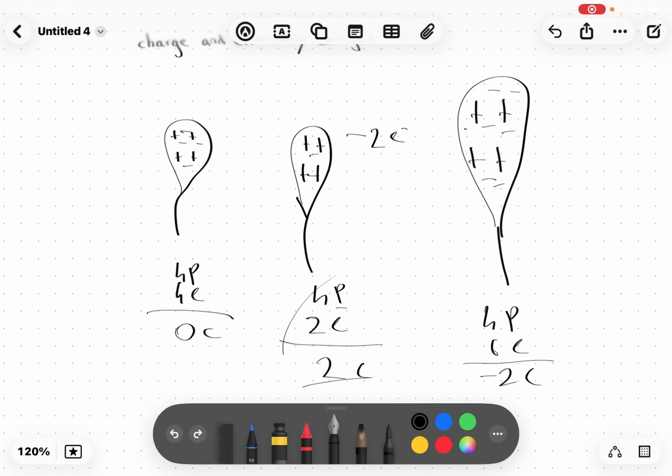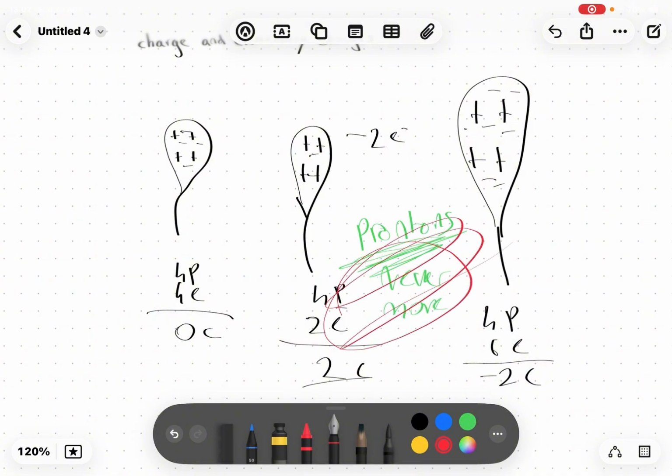This is what we want most of the time, but we still need to understand the other cases. Also, we need to know that protons never move. We only are able to move electrons, because electrons are electricity and electricity can flow.